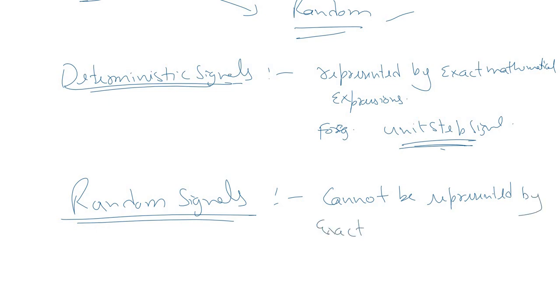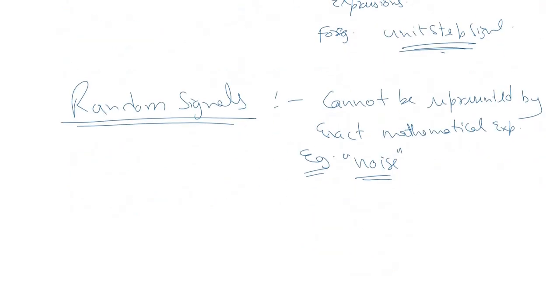For example, noise in any system. Noise in any system is unpredictable, and that is completely random in nature, and hence it's a random signal. Most of the noise signals that we encounter are random in nature.